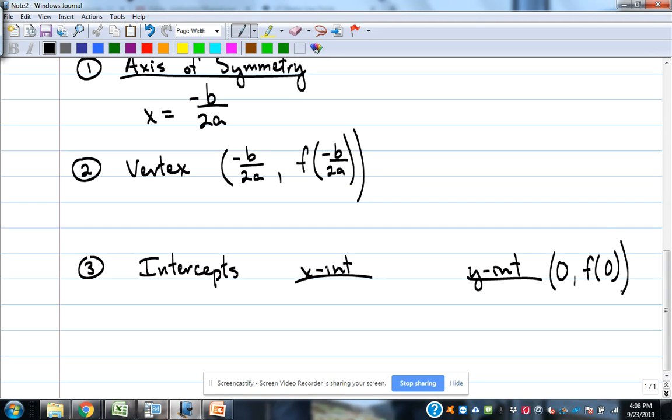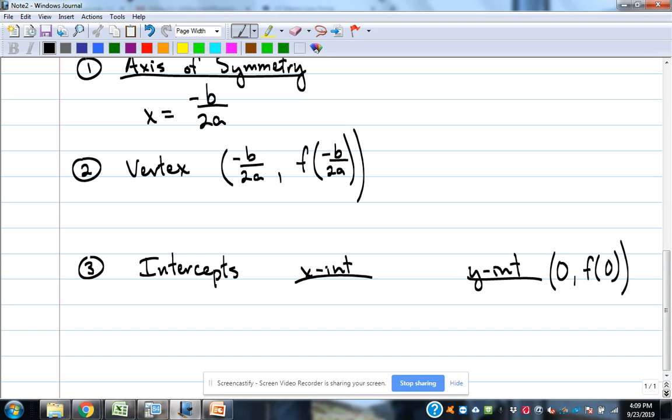So no matter what kind of equation we do with quadratics, usually this number is the c that's on the end if it's in standard form. But if it's in another form, it's still the same process. You plug in 0 for x, work it out, and that's where you're going to get your y value for your y-intercept. Okay? Plug in a 0 for x. Work it out. That's your y-intercept.